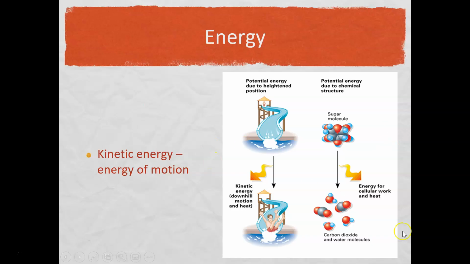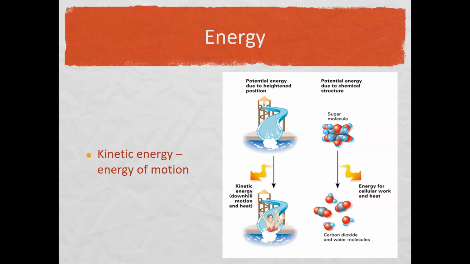We're going to focus more on this side of things, right? Potential energy or chemical energy due to the bonds and the arrangement of atoms in a molecule. As we break those bonds, rearrange those atoms through a chemical reaction, we're turning that potential energy into kinetic energy.